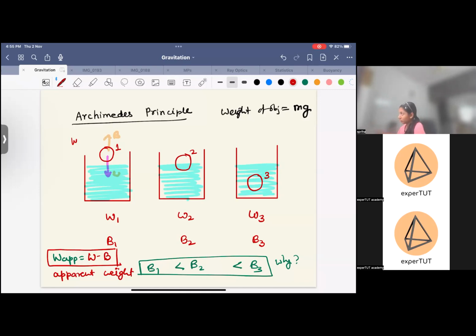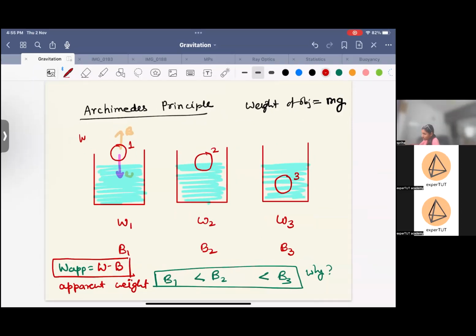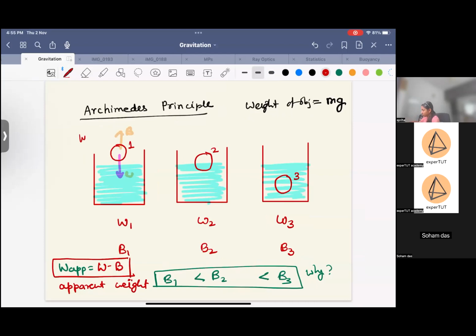I wrote it. Okay, now write: apparent weight. The more the object is submerged in the liquid, the less is its apparent weight. Keep your video on. Can you repeat what you just said?